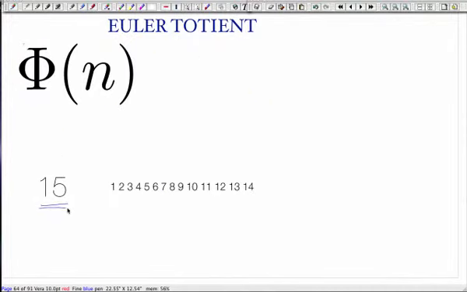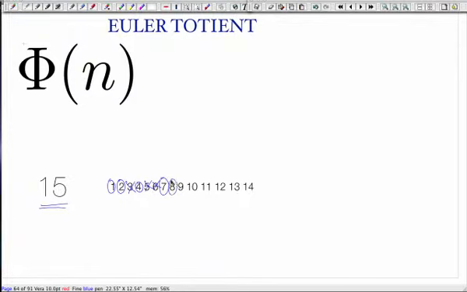Let's take a look at 15. So very quickly, let's go through this. 1, yes or no? Everybody in unison. 3. No, because GCD of 3 and 15 is 3, right? So it's not relatively prime.